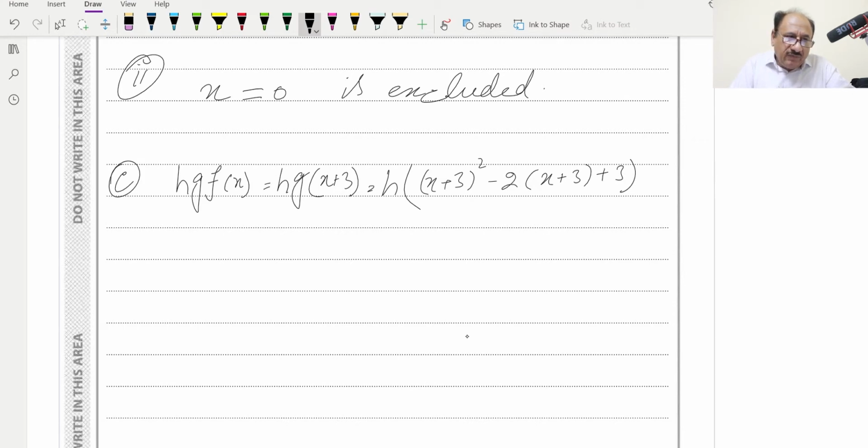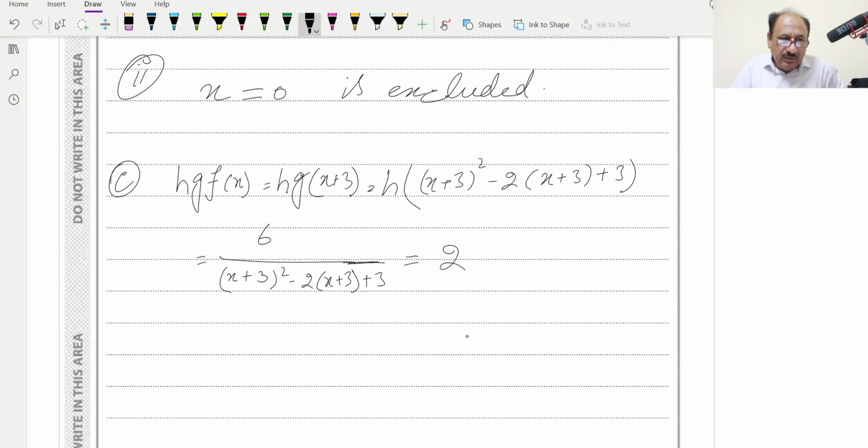Now h of g we can replace. Basically h of x will be 6 over this one, (x plus 3) squared minus 2 into (x plus 3) plus 3. Hopefully you are understanding each and everything I'm trying to explain, and it is given this is equal to 2, so I will write equal to 2.